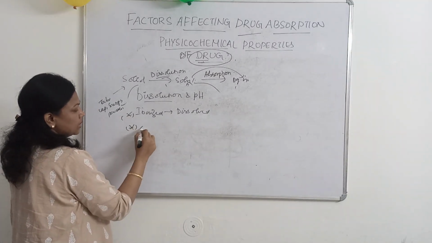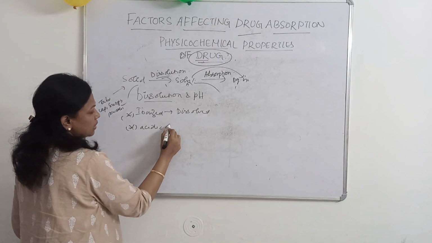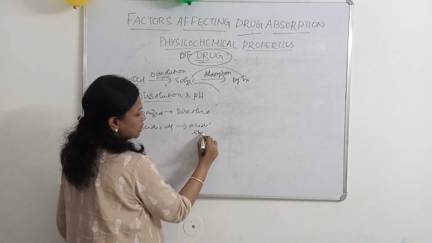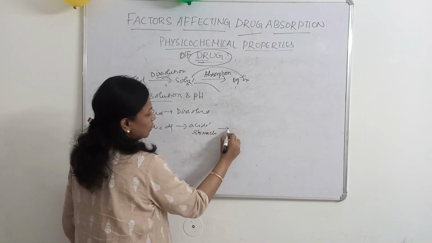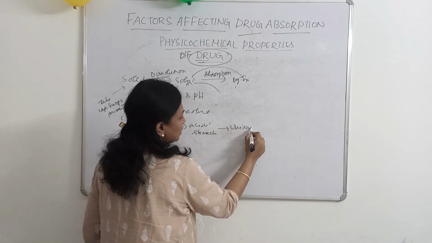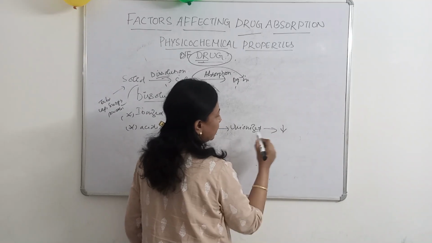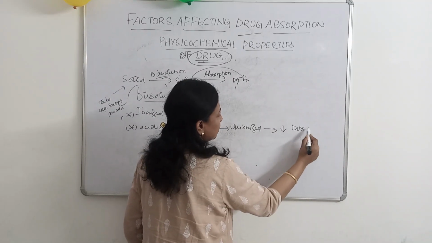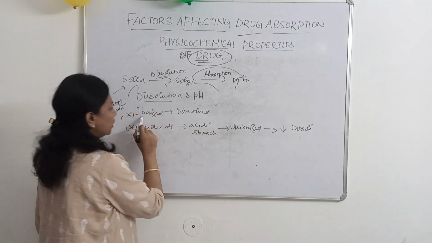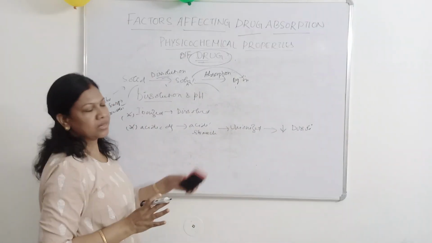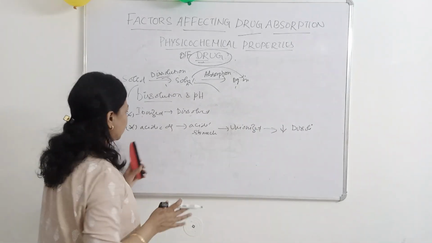When the acidic drug is placed in acidic environment, that is, an acidic drug in the stomach, it will have an unionized fraction of drug and there will be reduction in dissolution. The drug must be in ionized state to get dissolved. If there is no ionization, the drug's dissolution will be less.